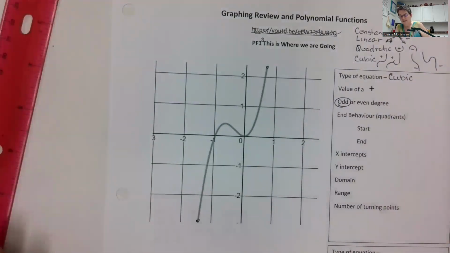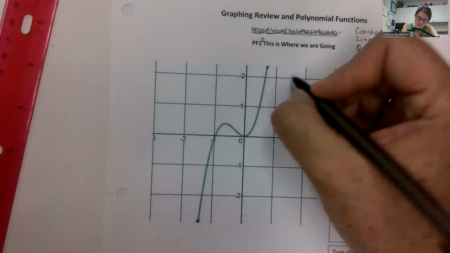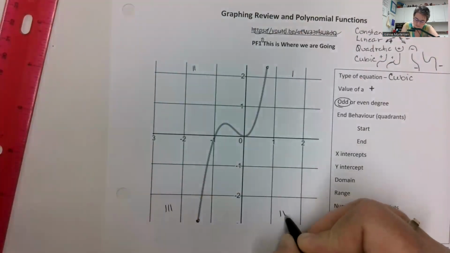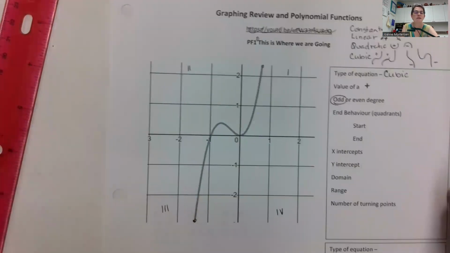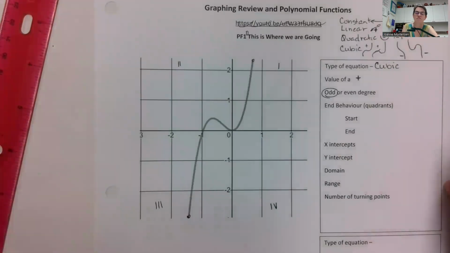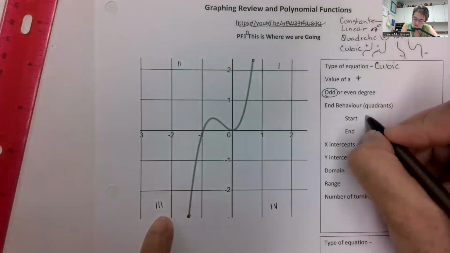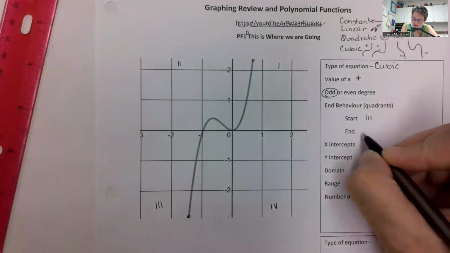Now our start. I always want to number them differently. Let's just go with that. If I read this way, I am starting in 3, and I'm ending in 1.